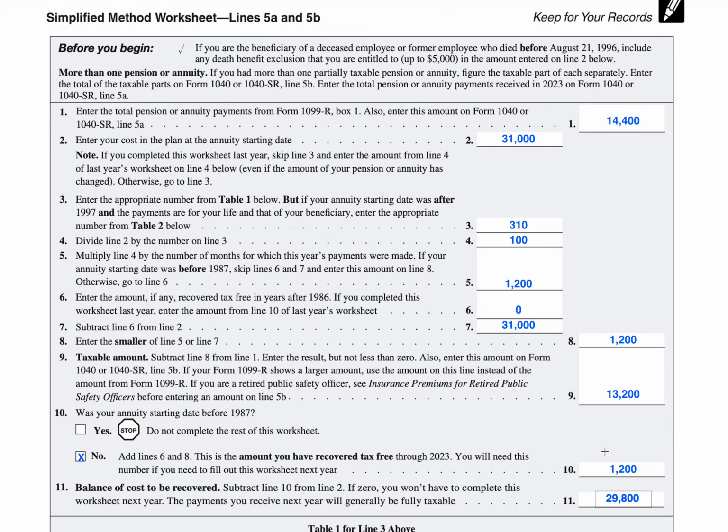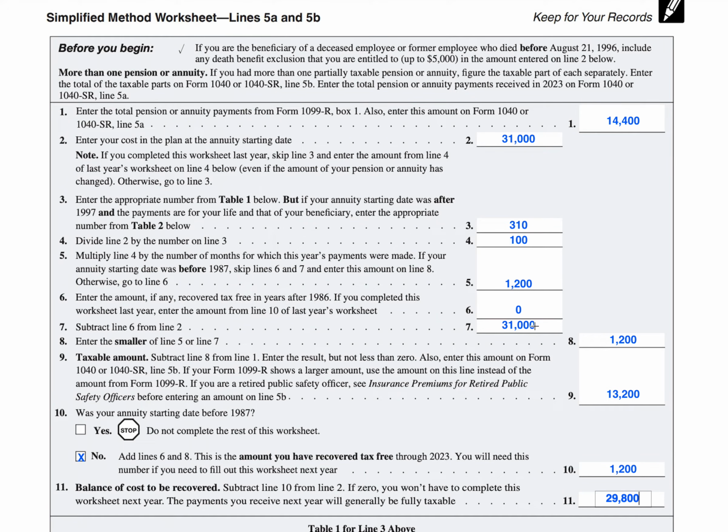If we're filling this out for next year, the line 10 amount would come down here, and then we would subtract the $1,200 that had been paid out from the $31,000, so that we keep a running track of how much of this investment we still have left to recoup. But this is the first year, so we don't have anything from last year. We're starting with the $31,000.